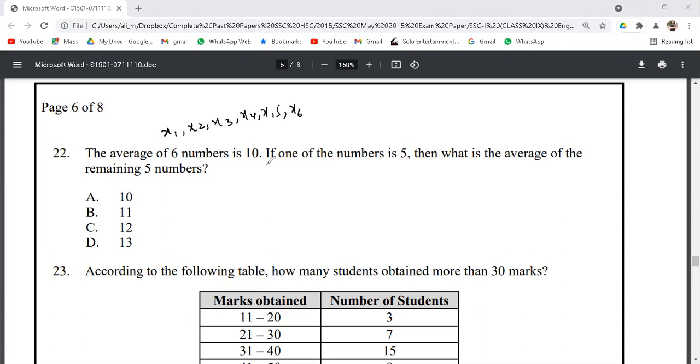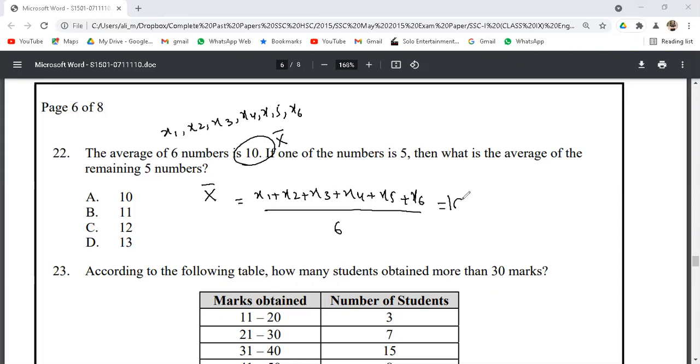These are the 6 numbers and their average is 10. So the average of the 6 numbers is x1 plus x2 plus x3, x4, x5 and x6 divided by 6. So this is equal to 10.